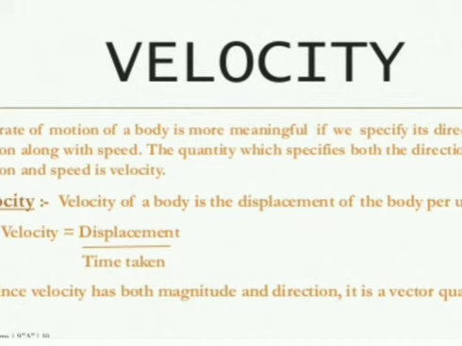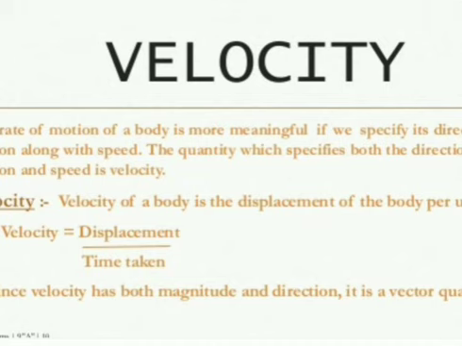If we take speed, then speed is only magnitude. It is having only magnitude. No specific direction was introduced. But if both direction and magnitude are involved, then that speed will become velocity.